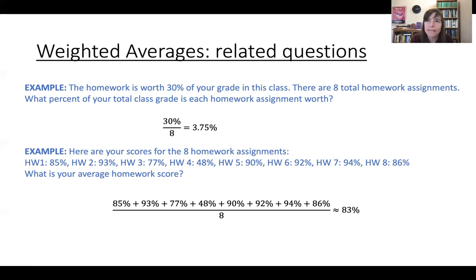And in that first example, we used the fact that you got an 82% on the homework, which was the average score for the homework. In a problem that comes up, you might not be given the average score. You might first be given all the individual scores, and then you have to find the average score and then use that to calculate the weighted average, which is like your grade in the class.